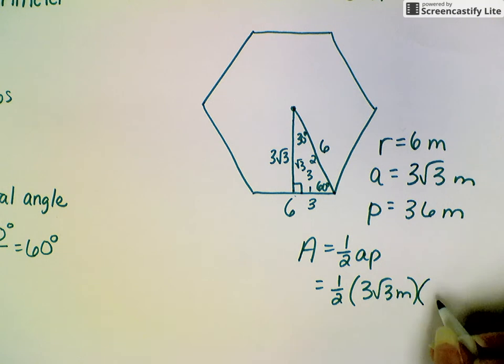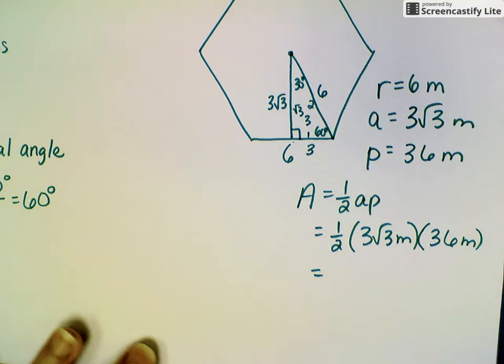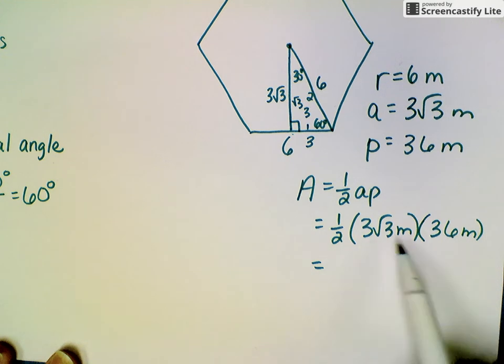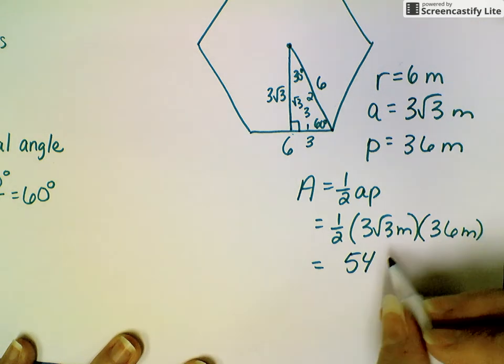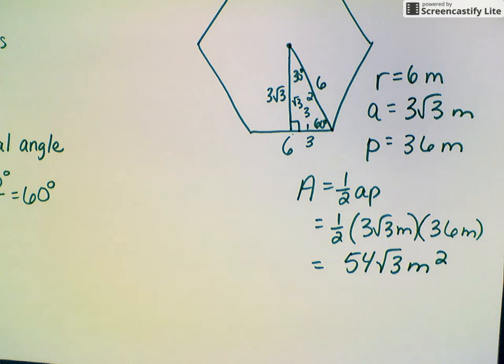And then my perimeter was 36 meters. And now I can go ahead and multiply here. 1/2 times 3 times 36 is going to be 54 radical 3, that's square meters.